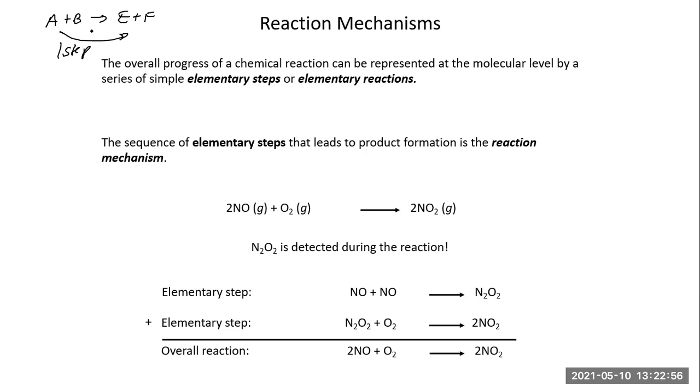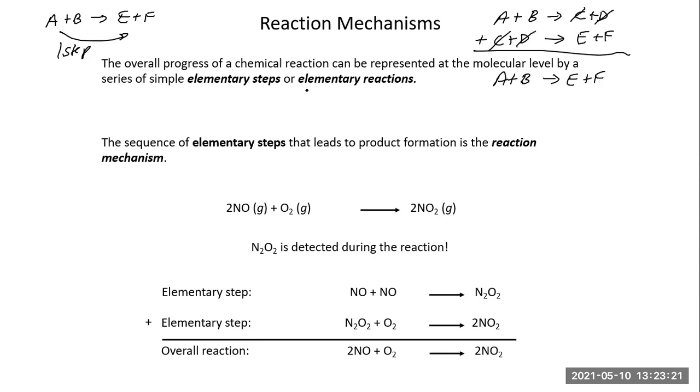So perhaps this reaction doesn't happen in a straightforward one-step way. Maybe the first thing that happens is we make some C and D, and then C and D go on to make our E and F. And if we add these together, these species cancel out. They are referred to as intermediates, and we do get the overall reaction. Maybe it's a one-step, two-step, three-step, or four-step program.